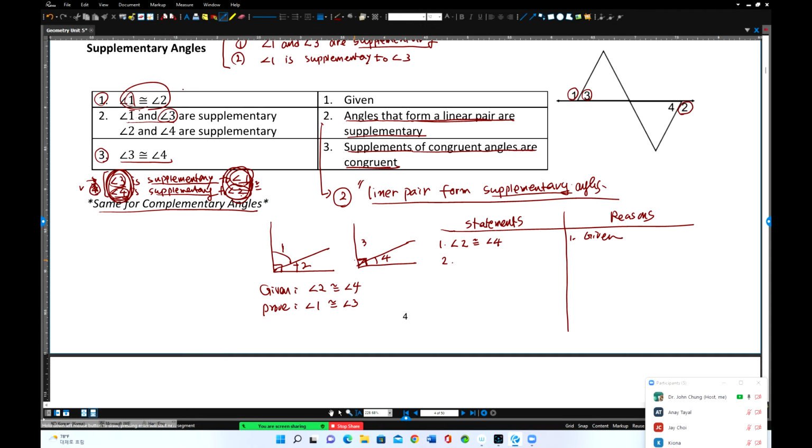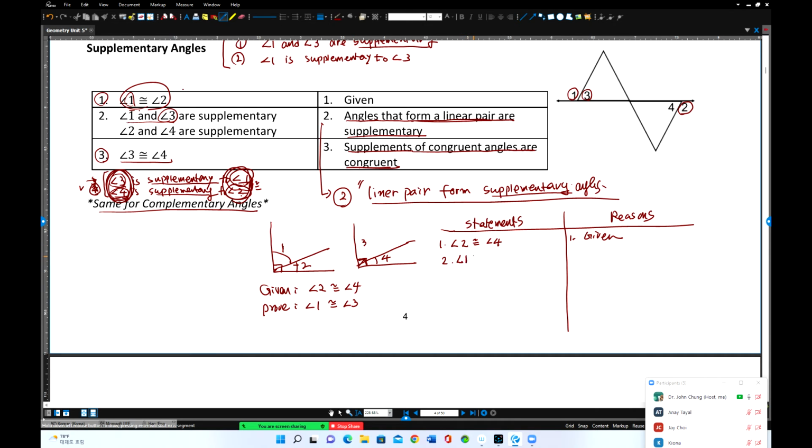Okay? Now we can say angle 2 is what? Complementary to angle 1, or angle 1 is complementary to angle 2, or angle 1 and 2 are complementary. But it doesn't matter, okay? But I'm going to use this one.